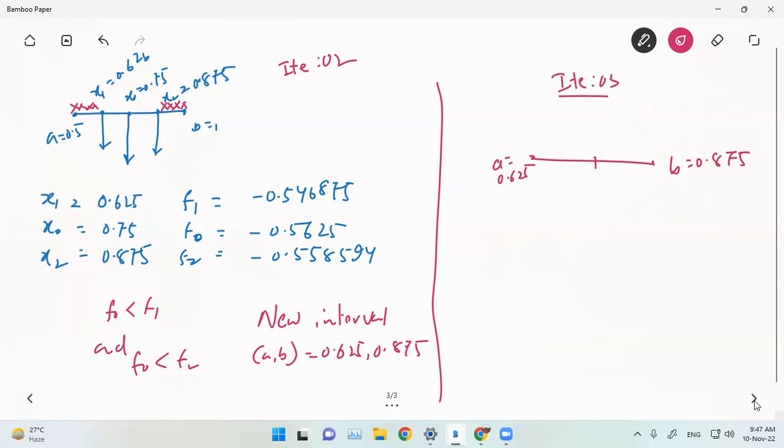The middle is already known from the previous one, so the middle will be the same as before, 0.75. Call this one x0. The middle of 0.625 and 0.75 will be 0.6875, which is our x1, and x2 is basically 0.8125.